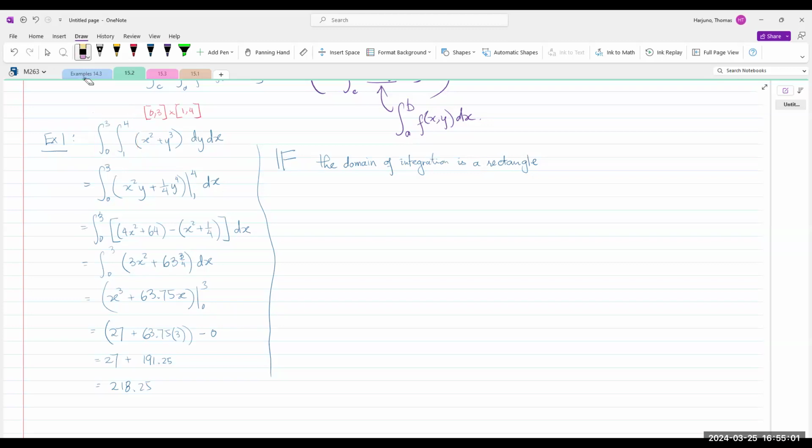And second, if the function is also continuous, you see it's a polynomial, so it's continuous everywhere, and f(x,y) is continuous in that domain, then we can interchange the order of integration.